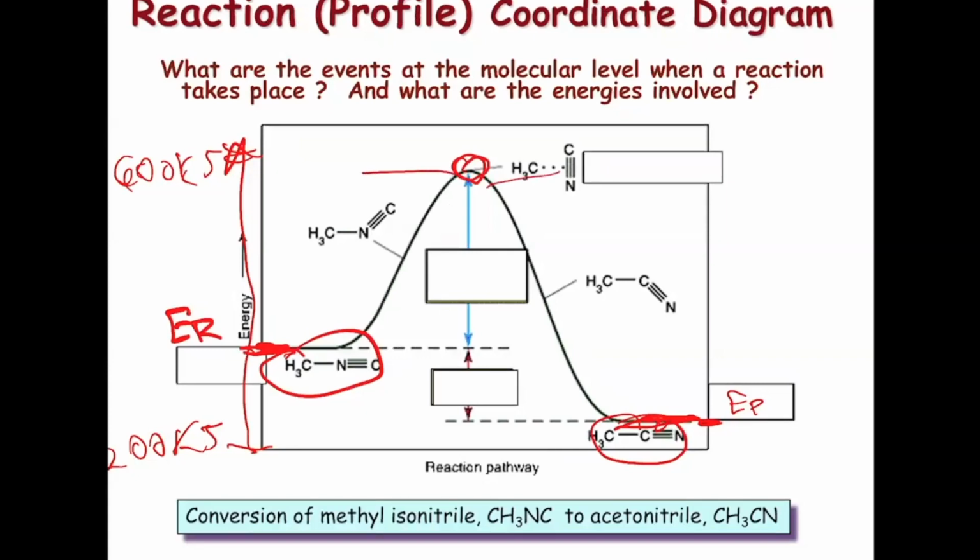So this right here would be the energy of the transition state. We call that E double dagger. See this double dagger here? That symbol is called a double dagger. That's the symbol for the transition state.